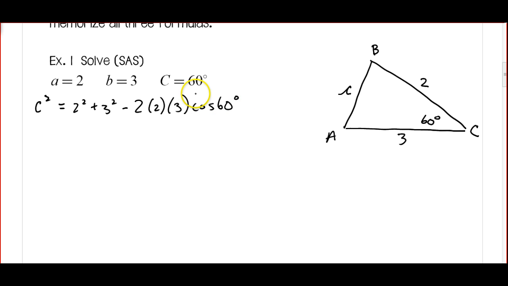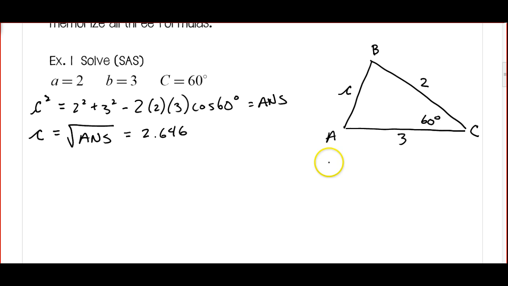This is going to give us some number, and to find C, remember to take the square root of whatever answer you get from up above. I'm just going to put equals answer. So make good use of your answer key on your calculator, and if you plug this in, you should get approximately 2.646, and then remember, if there are units, include units in the problem.